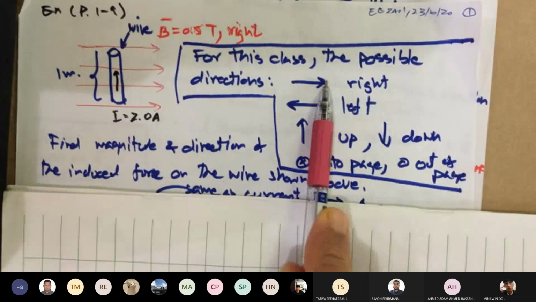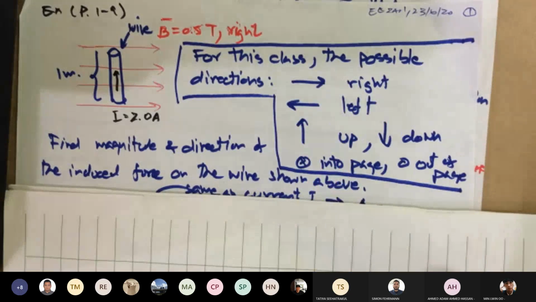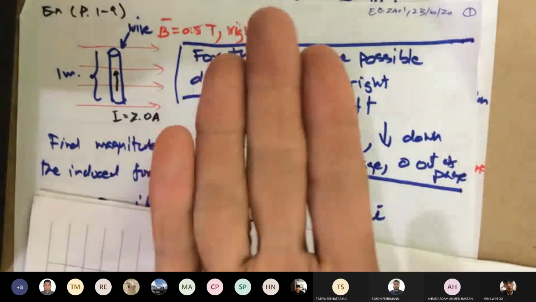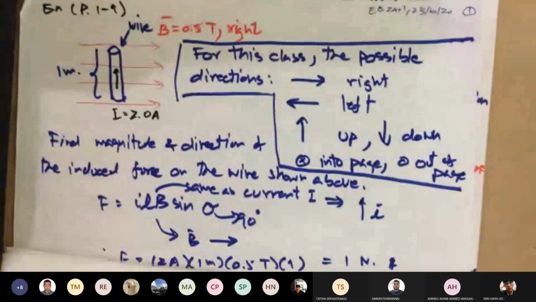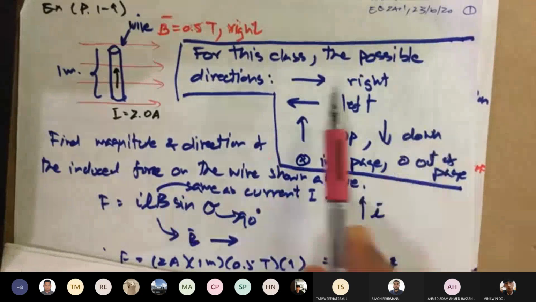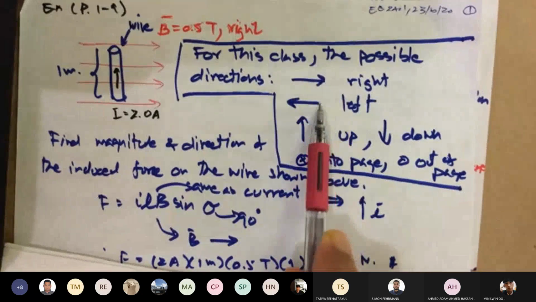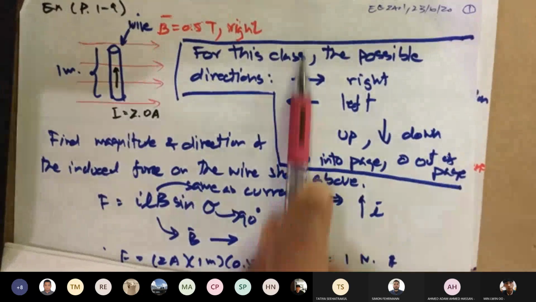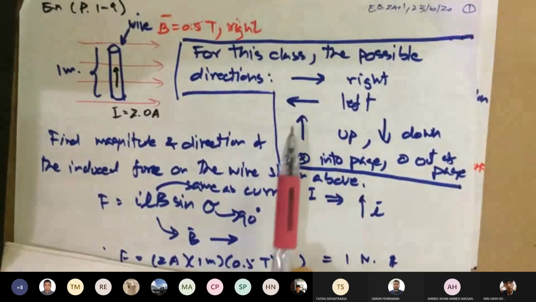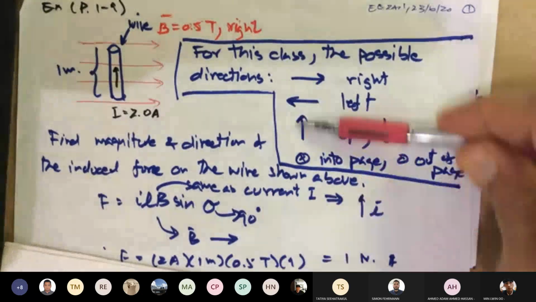Okay, so what we are looking at is the plane of the paper. The plane of your paper has to be flat, okay? On that plane, this is the right direction, left direction, up, down.